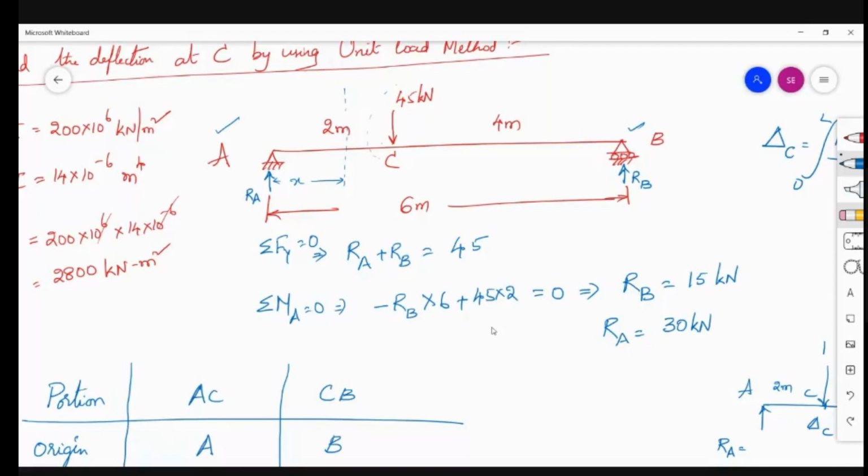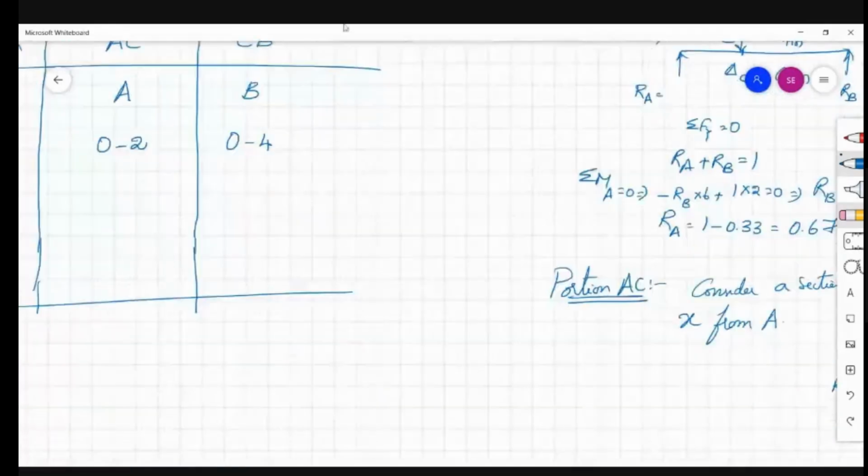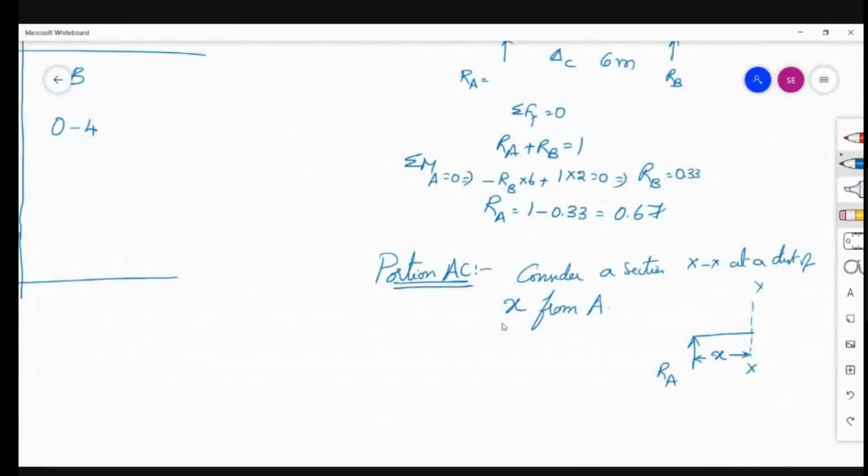Now take the left side free body diagram, which has RA. The RA value is 30 kilonewtons. So what is the moment at XX? This RA is trying to create sagging, hence plus 30 into x.